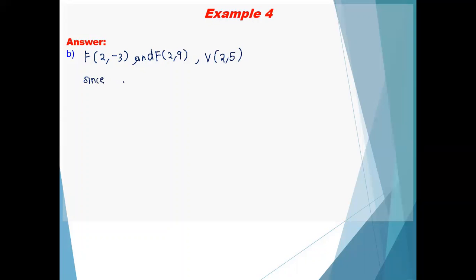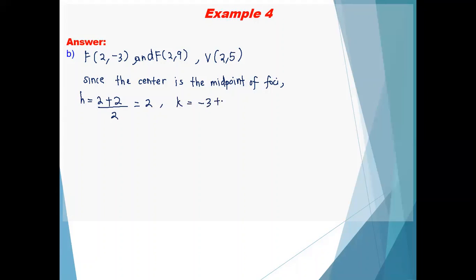Since the center is the midpoint of the foci, then h is equal to 2 plus 2 over 2, which is 2. And k is equal to -3 plus 9 over 2, which is equal to 3.